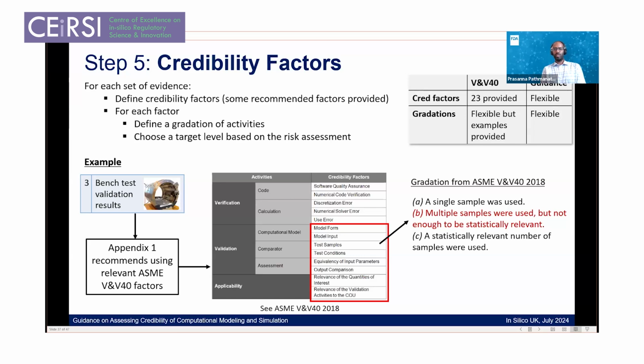The guidance is explicitly flexible and says use V&V40 credibility factors if applicable, but otherwise define appropriate ones. And then in terms of gradations, V&V40, I think, explicitly says users should define appropriate gradations, but provides examples. And actually, in practice, people just use the examples. And the guidance, again, is completely flexible.